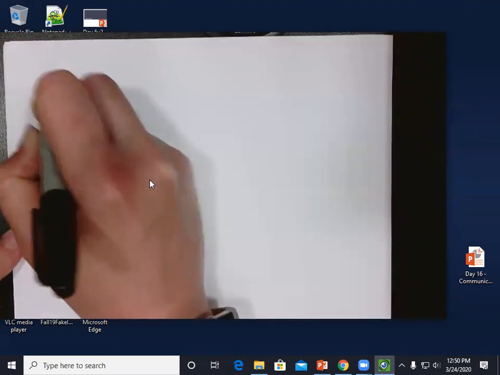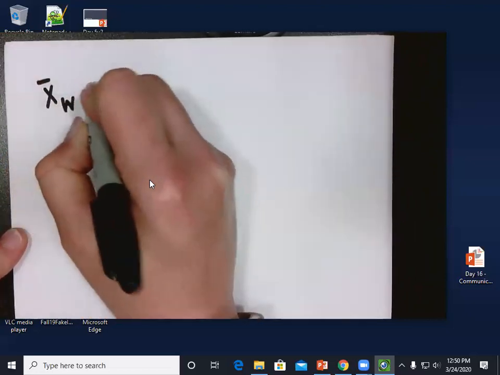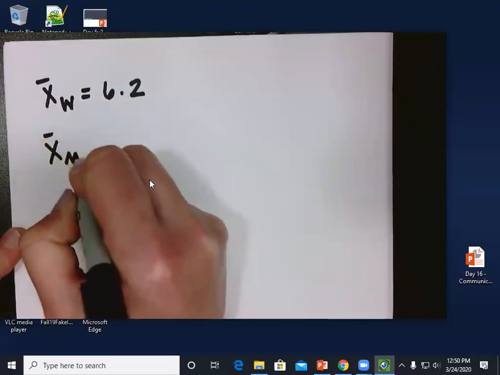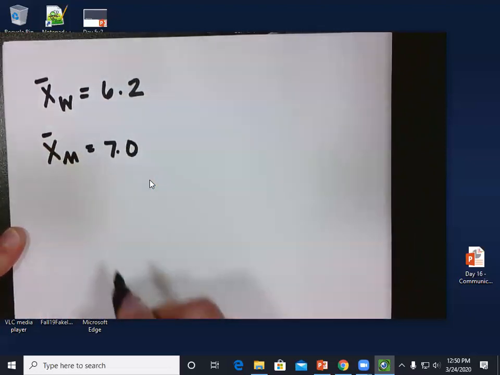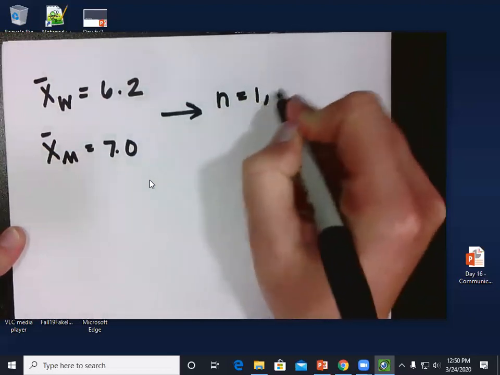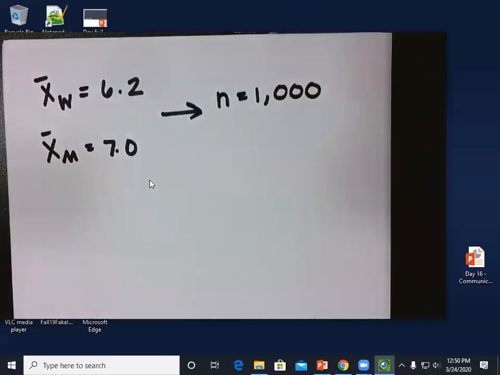Let's say that the women's mean was 6.2, the men's mean was 7.0. This was data that we got from a sample of n = 1,000 potential customers. Lowercase n tells us that this data is coming from a sample.